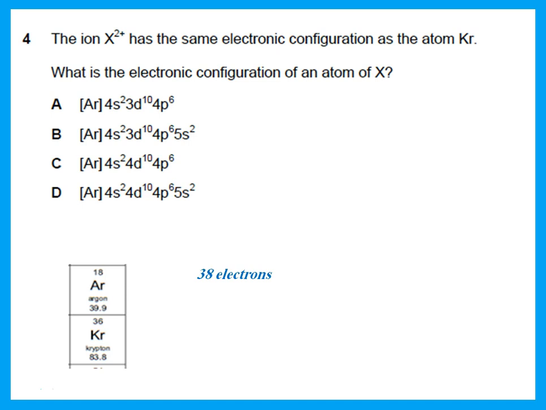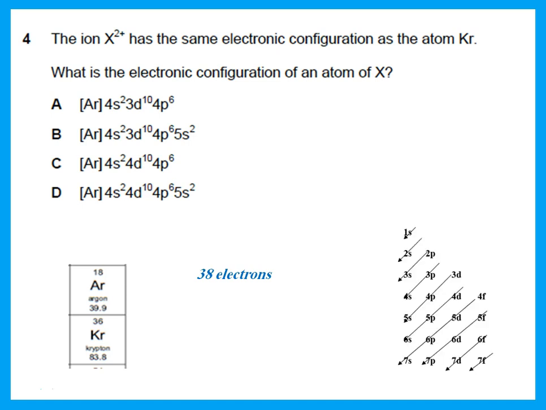Now, how are we going to distribute the electrons? Remember that we distribute them according to this arrangement. We say we're going to put into the 1s first, so it's 1s2, 2s2, 2p6, 3s2, 3p6. These are 18 electrons. Instead of writing them out, we write them as argon, because argon has 18.